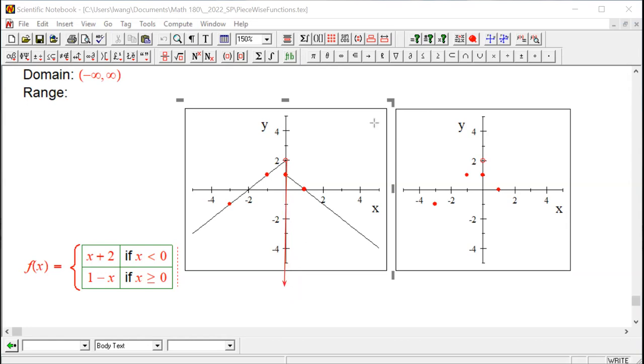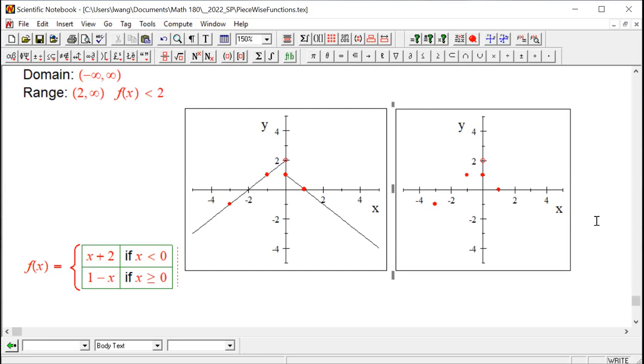The range of course is a vertical concept, right? So from negative infinity to 2. You can also use inequality for the range. So f of x is going to be less than 2.